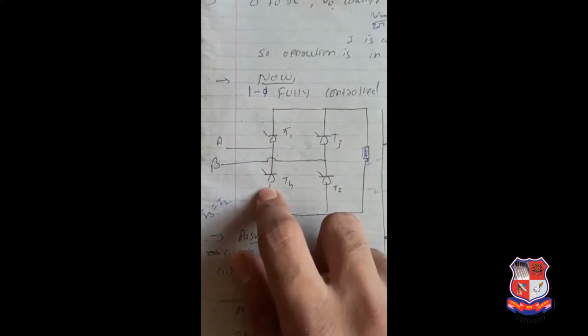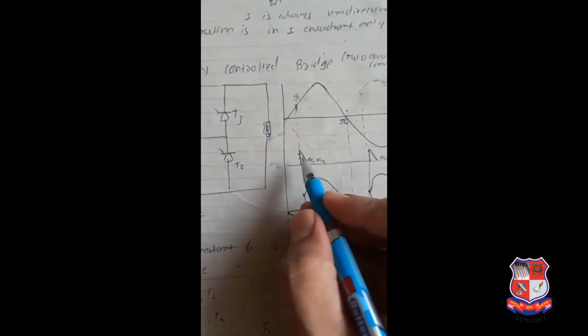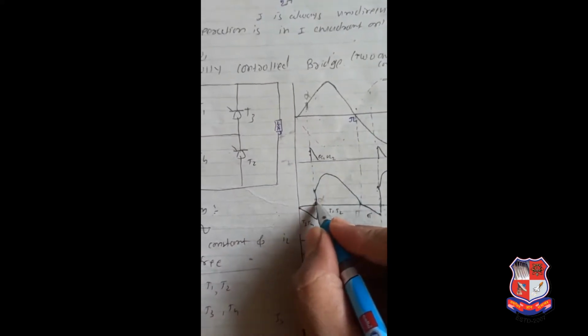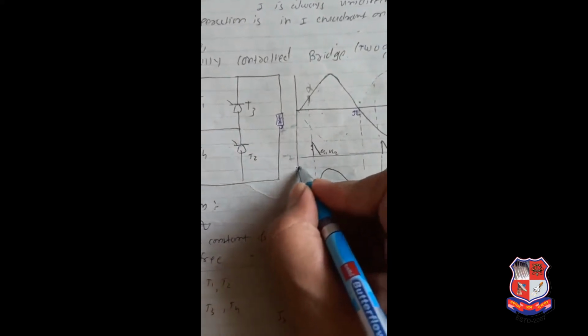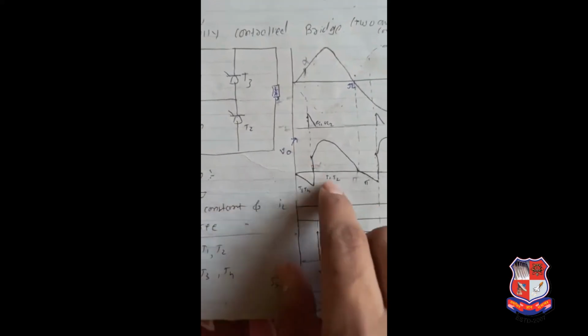From 0 to alpha, T1 and T2 will not conduct. As soon as I give the gate pulse at around 20 or 30 degrees, they start conducting. This is the waveform of the output voltage V0, or VL, the voltage across the load.